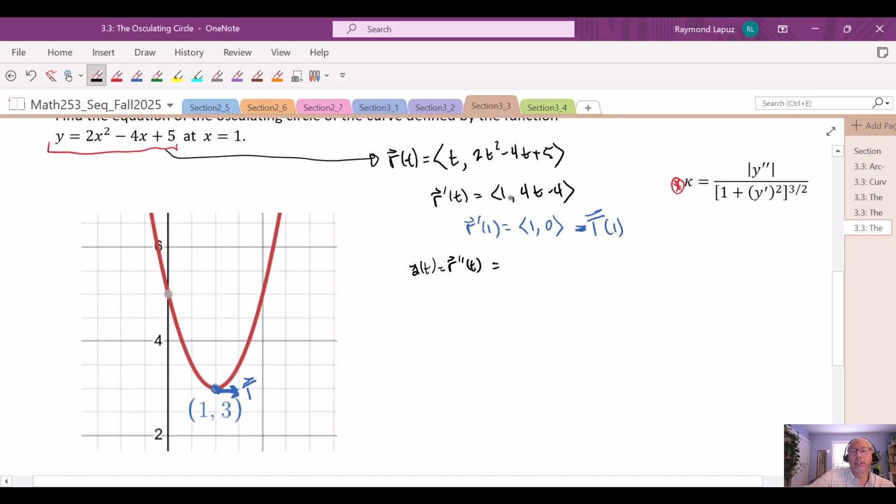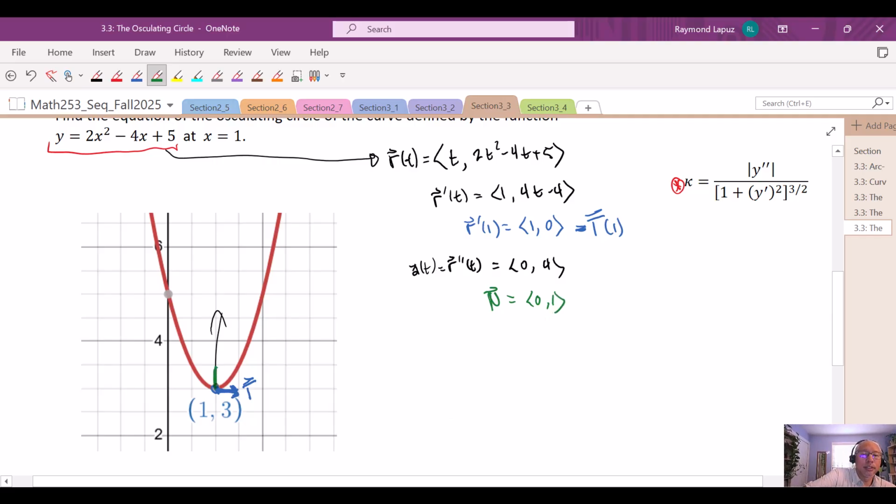So if we take a look at your acceleration, we get 0 and 4. So your acceleration goes in the y direction, does not move into x, and that makes sense, it's perpendicular. But now we want it to be the normal vector, and so we're just going to make that into a unit vector. I don't think we need to do any work for that, because it's just going to be 0, 1.